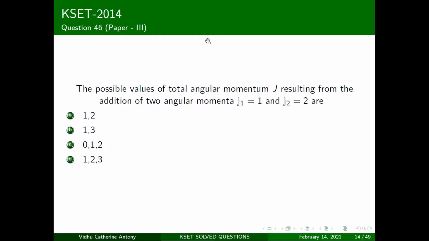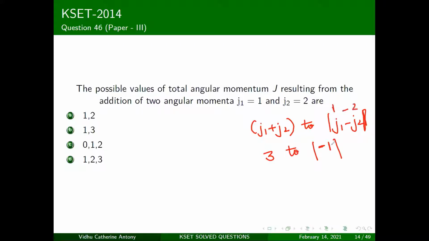If you look at the addition of angular momenta rule, it goes from J1 plus J2 to modulus of J1 minus J2. What is J1 plus J2? It's 3. What is J1 minus J2? It's modulus of minus 1, so that's 1. So 3, 2, 1. So that's option D.